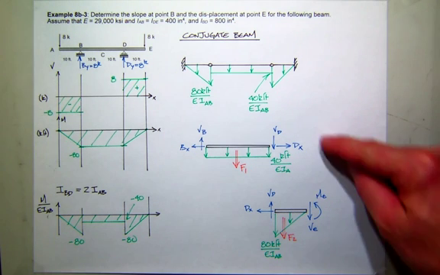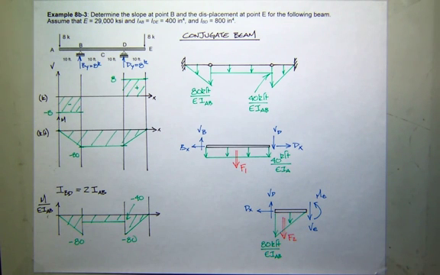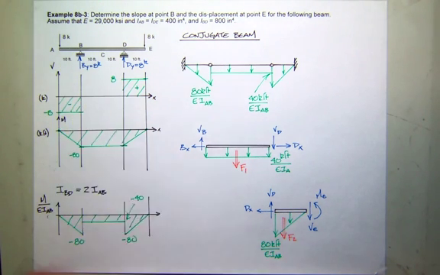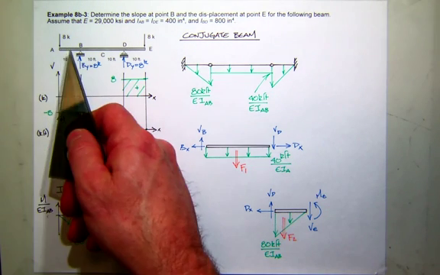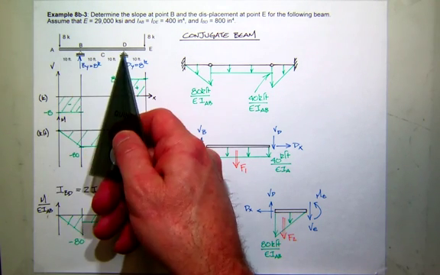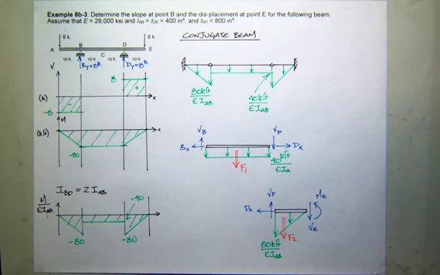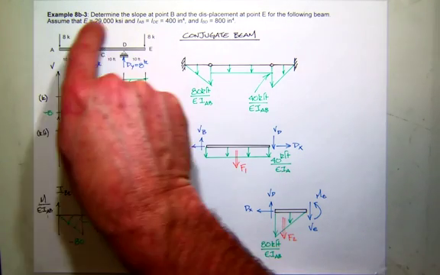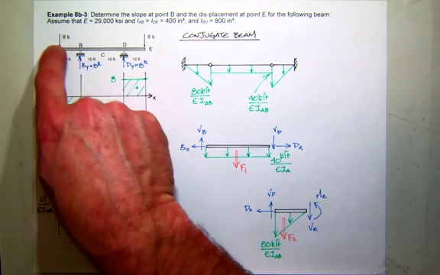But I just wanted to walk you through that procedure and not necessarily solve the problem. You can imagine trying to solve this problem with direct integration. Holy cow, that would be a tough one. You'd only have 3 sets of equations, A to B, B to D, D to E, and have 6 constants to solve. You'd be busy for a while. So conjugate beam can take a fairly complicated problem with just point loads.